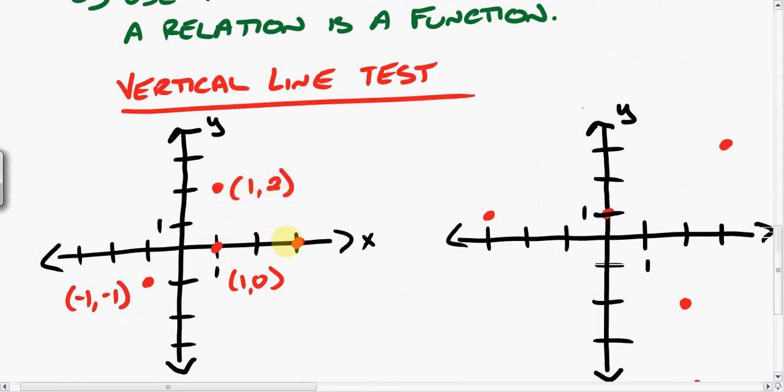And the last point at 3, comma 0. Over here in this relation, we have a point at -3, comma 1. Second point at 0, comma 1. Third point at 2, comma -2. And fourth point at 3, comma 3.